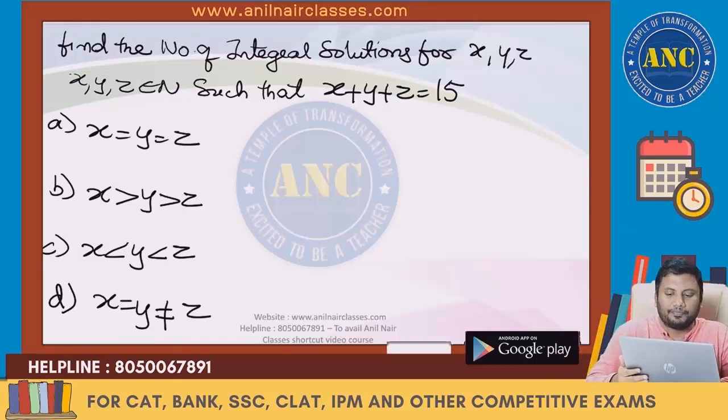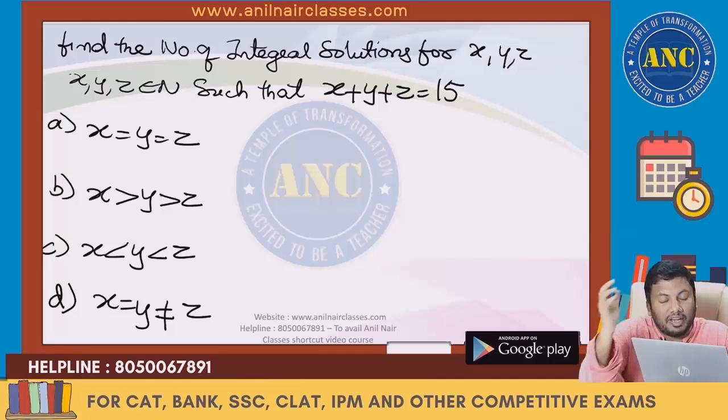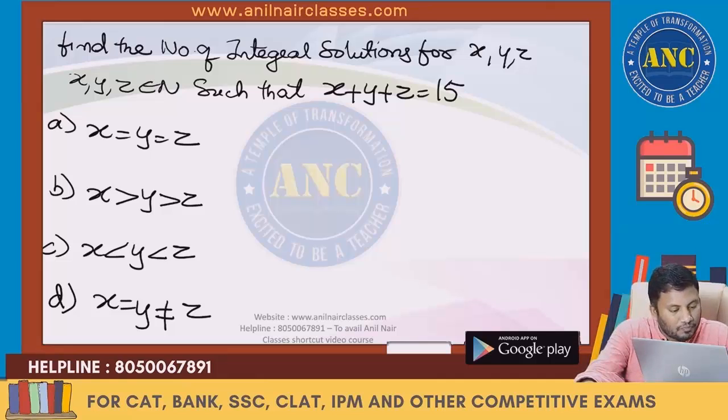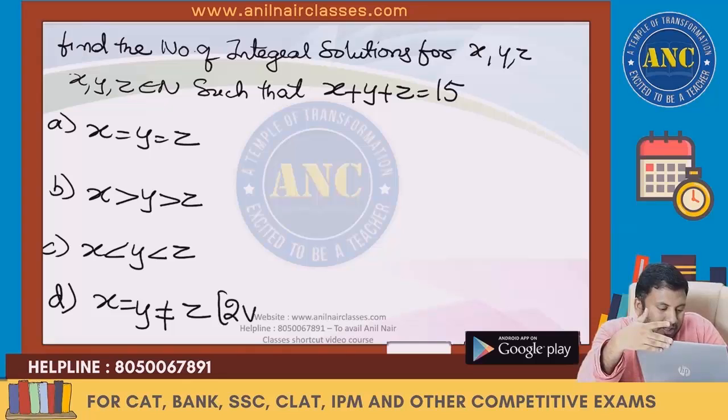Please write down. Find the number of integral solutions for x plus y plus z equivalent to 15 such that all the three variables are equal, variables are in ascending order, variables are in descending order, and two variables are equal. That means this is a case where two variables are equal.